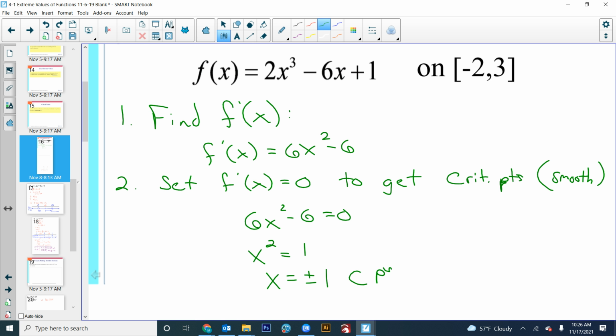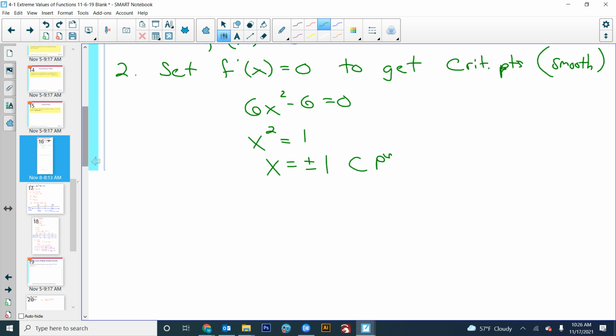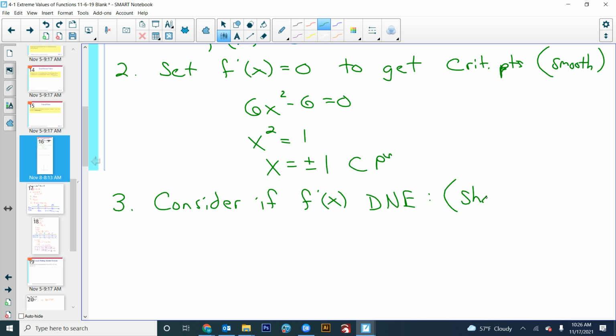Now I'm going to put a step in here for future use. Step 3, consider if f prime of x does not exist. And I'm going to put sharp critical points.